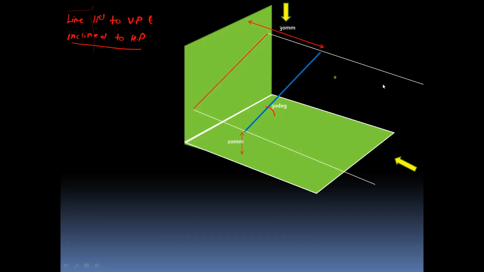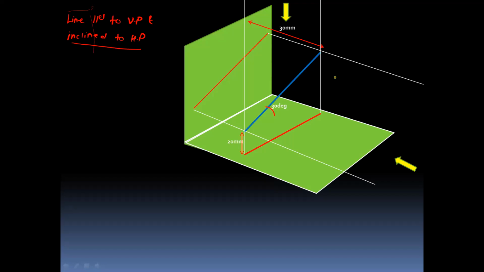It will give the reduced length, which is called the plan length. This length obtained in the top view will be less than the actual dimension or the true length, because the line is inclined to the horizontal plane.